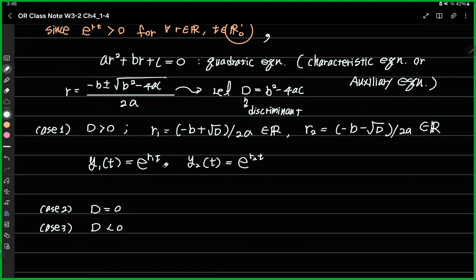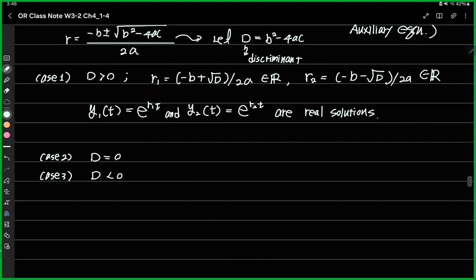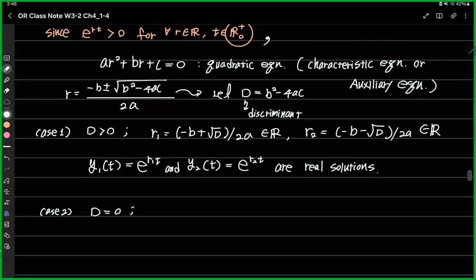But these are real valued, right? So real solutions. So if D is greater than 0, then the differential equation has two distinct real solutions. Case 2, if D equals 0, then that characteristic equation has only one real root, right?